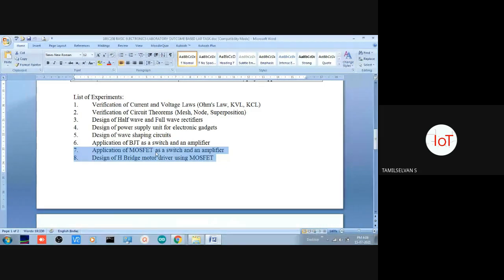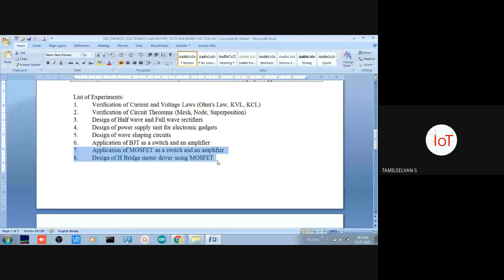So in MOSFET, the advantage we find over the BJT is that everything will be 100% accurate. For example, if you take the two types of MOSFET, NMOS and PMOS, we will get the accurate output as expected. If you expect 5 volts on the output side, you can get it from this MOSFET device.